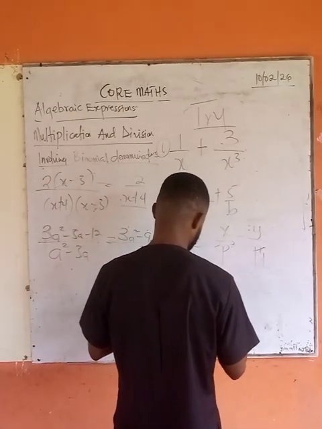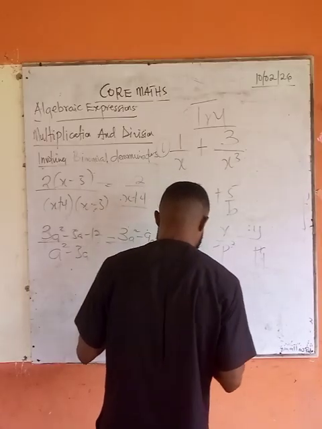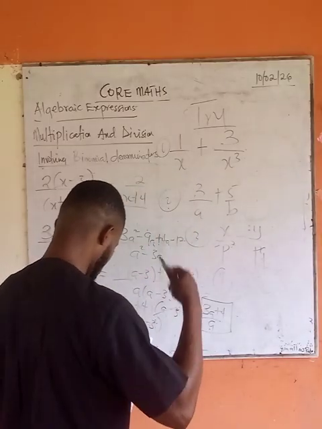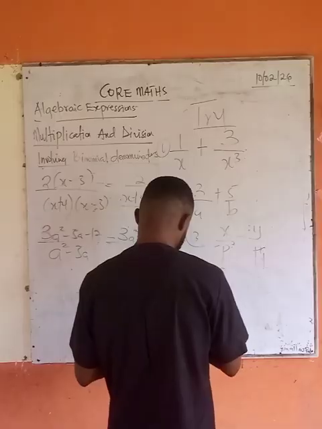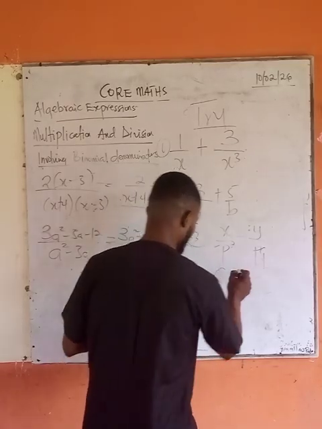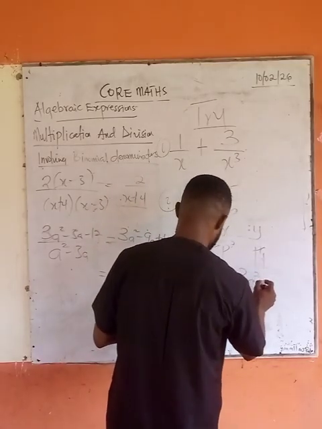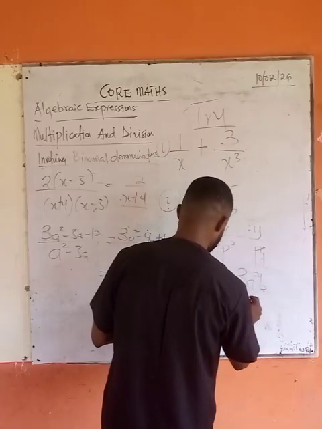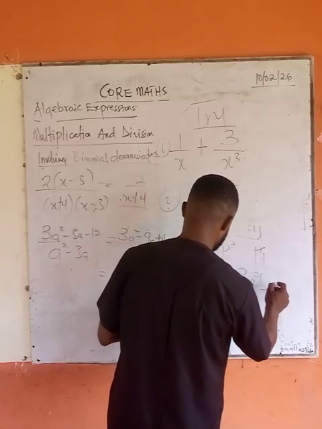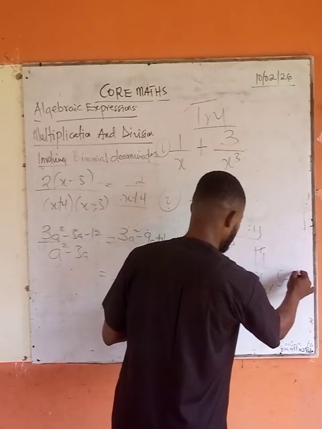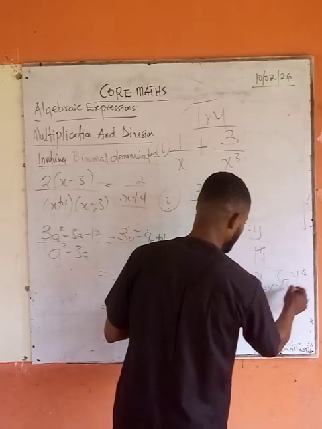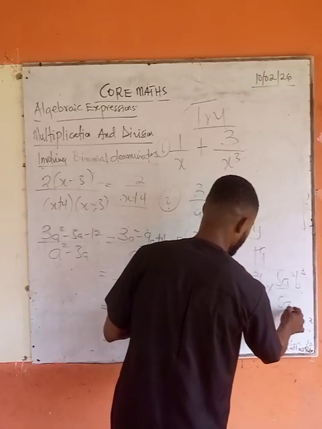Then the last one: 3a squared b out of 9a times 5a squared b squared, sorry, b cubed out of 5a squared.